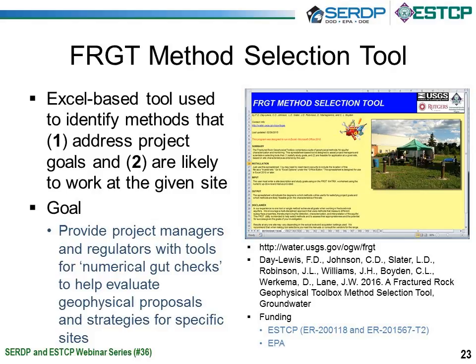And the goal here is to provide project managers and regulators with tools for a numerical gut check to evaluate whether it's really appropriate to consider applying these geophysical techniques at a specific site and for a given objective.